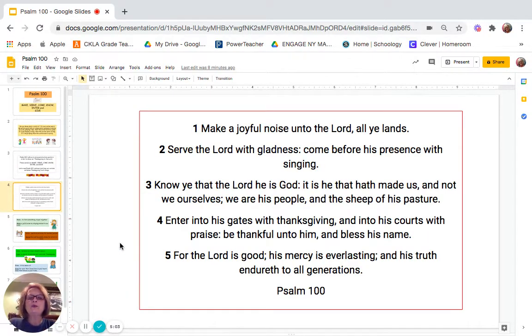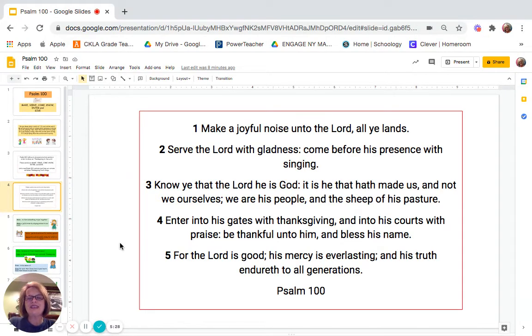Make a joyful noise unto the Lord, all ye lands. Serve the Lord with gladness. Come before his presence with singing. Know ye that the Lord, he is God. It is he that hath made us, and not we ourselves. We are his people and the sheep of his pasture.